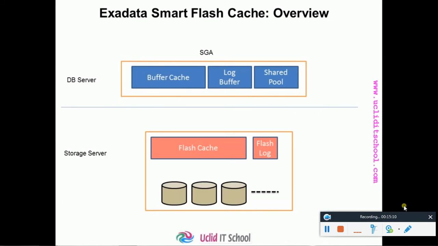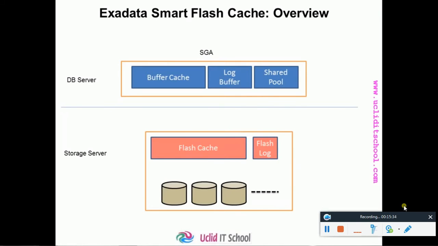It persists whenever you reboot the storage server also. Okay, so that way, once the data is cached inside the flash cache, it may reside in the flash cache for a longer time. When will that be flushed from the flash cache? Whenever the flash cache is full.